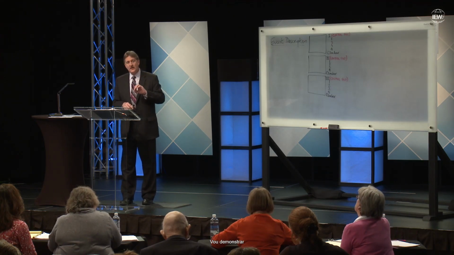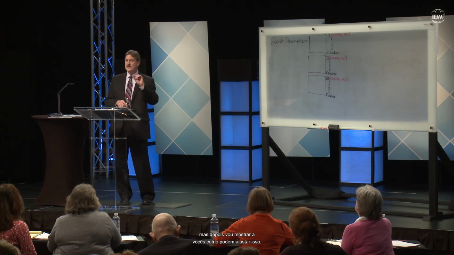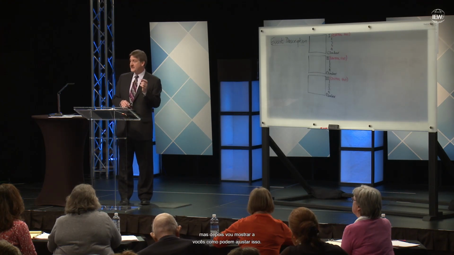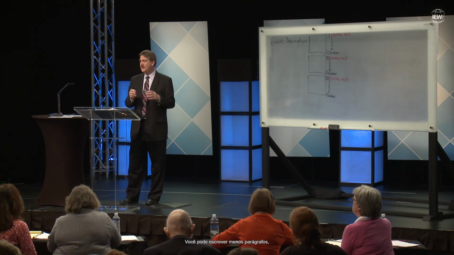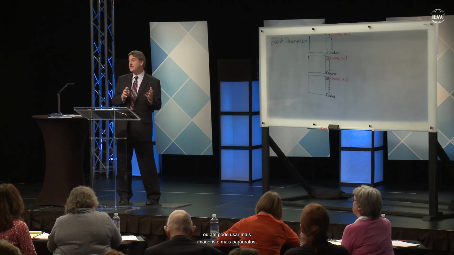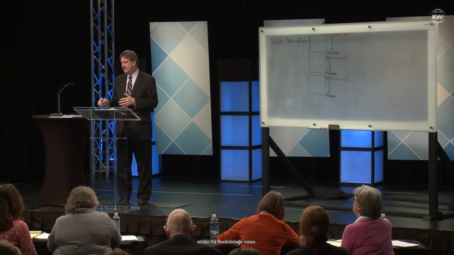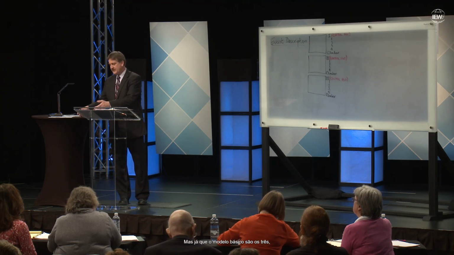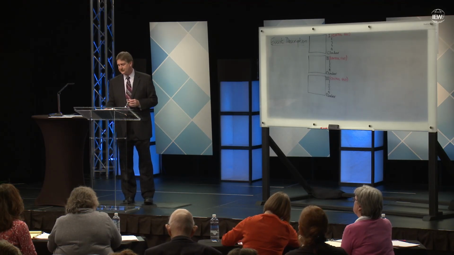So I'm going to demonstrate with 3 pictures and 3 paragraphs, but then I want to show you how you could adjust this. You could actually do fewer paragraphs, you could use fewer pictures, or you could even use more pictures and more paragraphs. So there'd be flexibility within there. But since the basic model is the 3, we'll start with that.